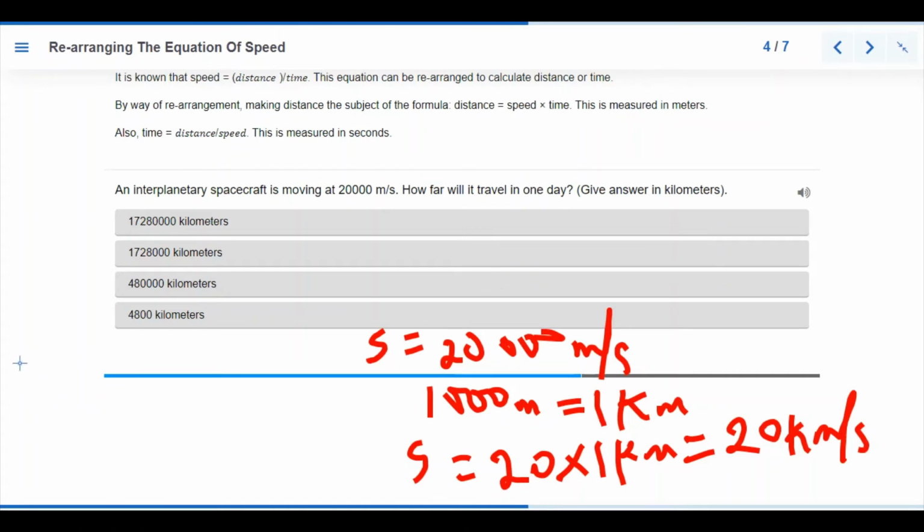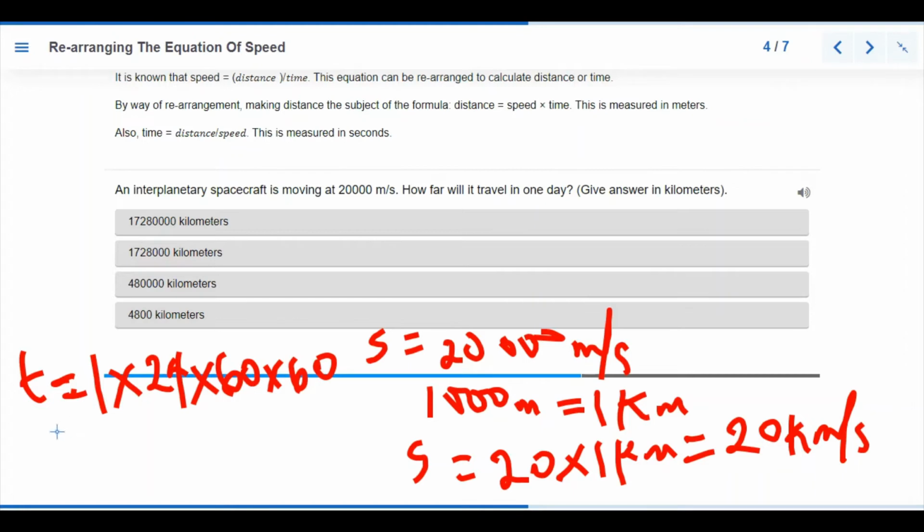Now, to express the time for one day in seconds, we have 1 times how many hours make a day? 24 hours times 60 minutes times 60 seconds.